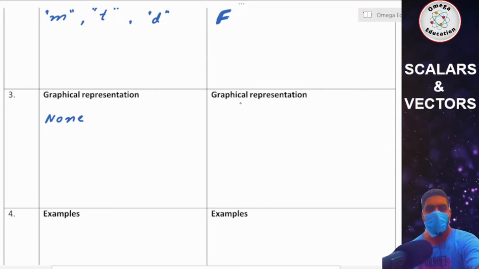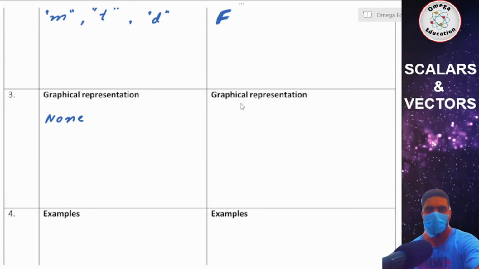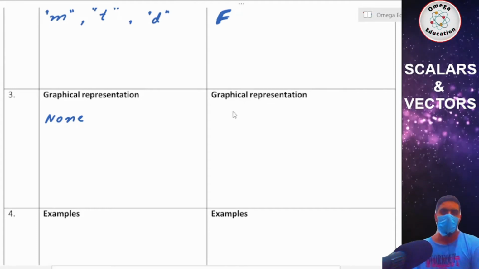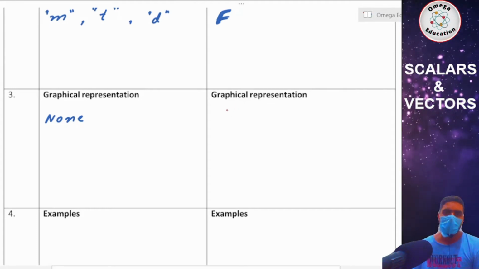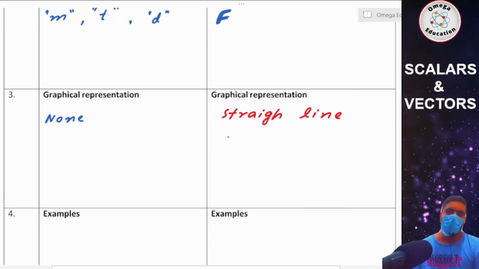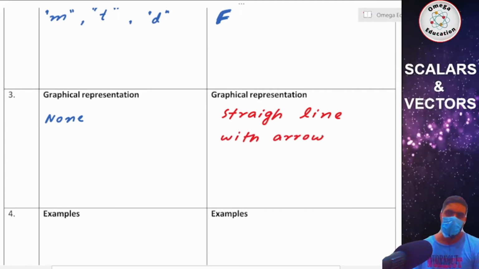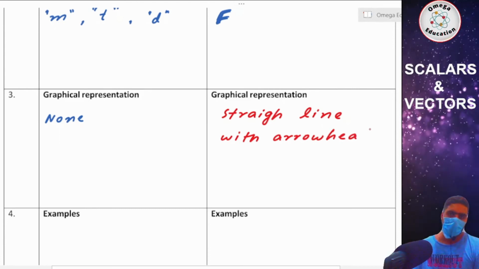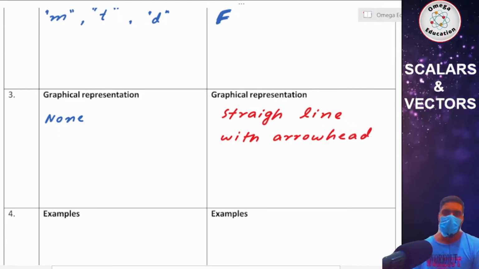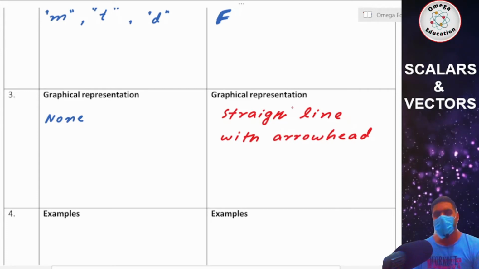Vector quantities, on the other hand, do have graphical representation, and they are represented by straight lines with an arrowhead. Straight line with an arrowhead.